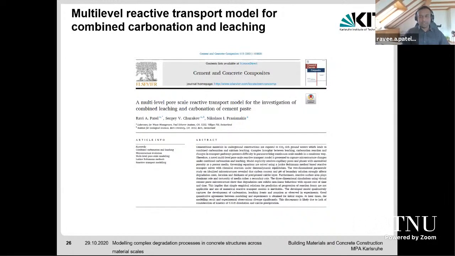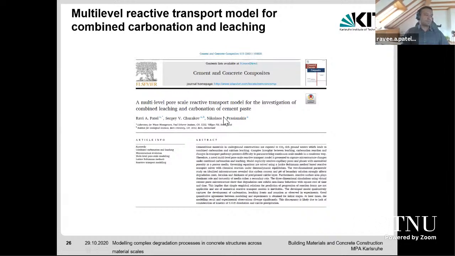Now, more recently, we extended our applications to processes which have a kind of competition between dissolution and precipitation. For this publication, we were interested in simulating how the cement microstructure evolves with time when it is in contact with carbon-rich water.